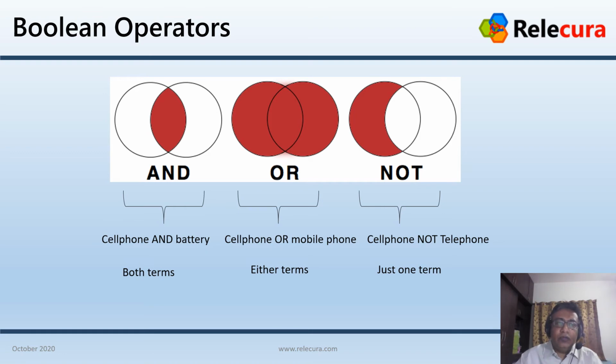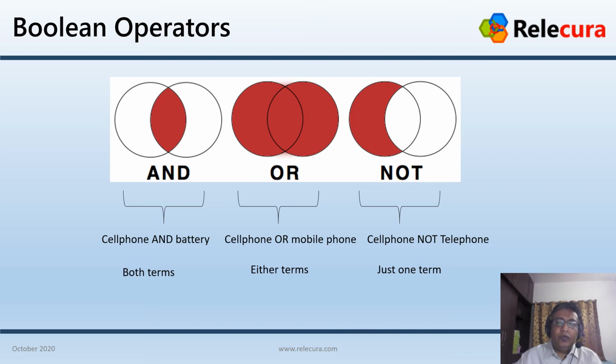The second Boolean operator is the OR operator. So suppose you are using cell phone OR mobile phone. This is mainly used when we use synonyms. As I told you, synonyms are prime parameters in patent searching.